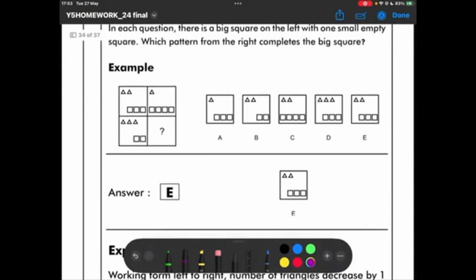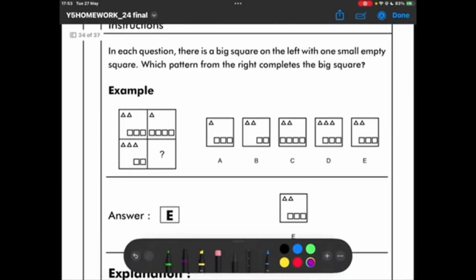Now on to these questions. In each square there's a big square on the left with one small empty square. Which pattern from the right completes the big square? So here there's 3 squares, here there's 4 squares, so we've added 1 square. So here where there's 2, we're going to add 1, so there's going to be 1, 2, 3. So let's rule out any that don't have 3.